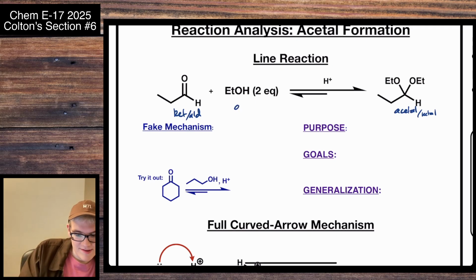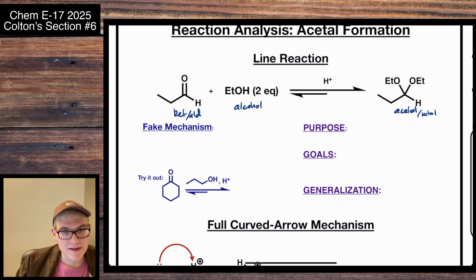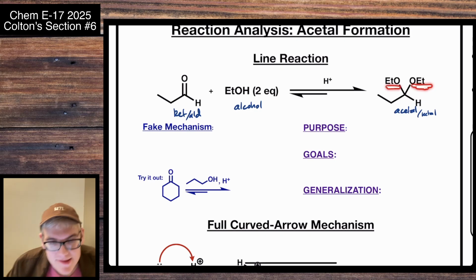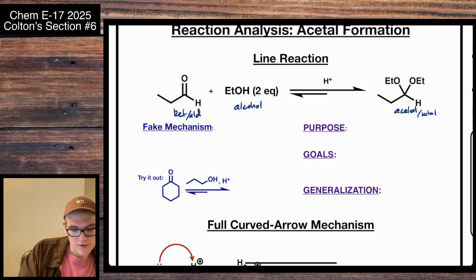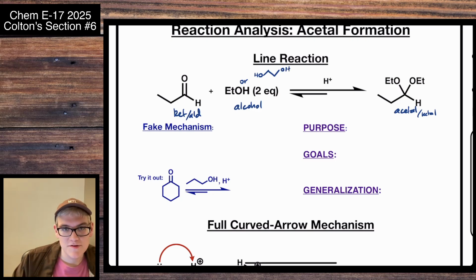The other thing that we have to have is an alcohol, and typically we're going to have 2 equivalents of it if we want to add 2 equivalents onto our molecule. There are exceptions for some diols, so you could have 2 alcohols on the same molecule like this, in which case you don't need 2 equivalents of it because there are 2 alcohols in the one molecule. And then you also need some source of acid.